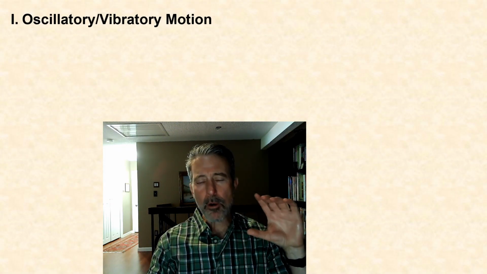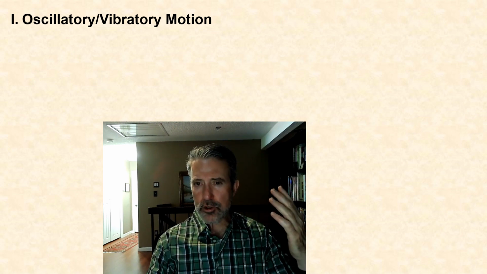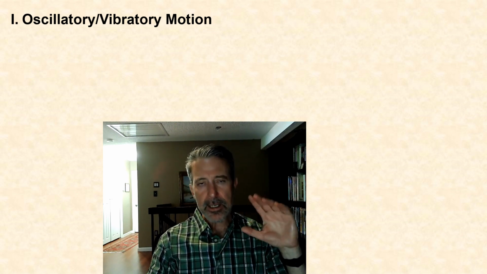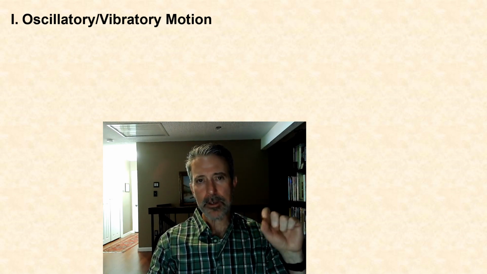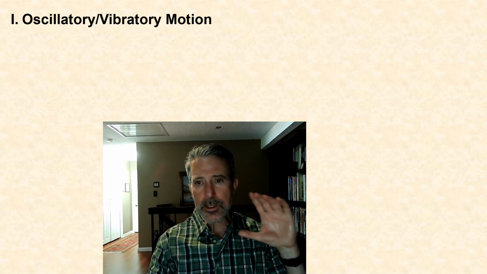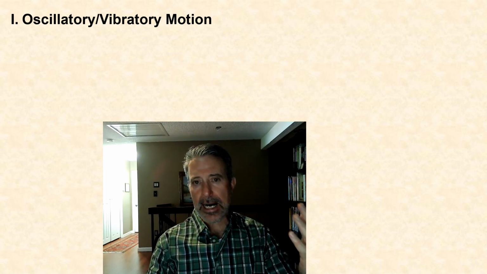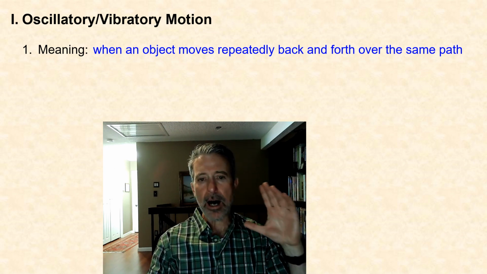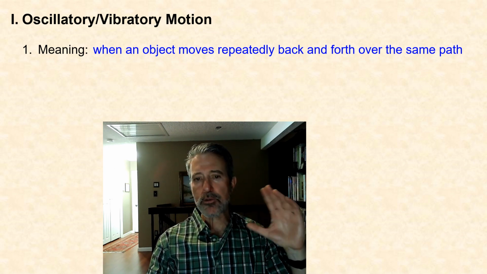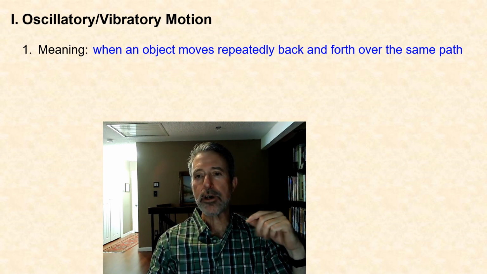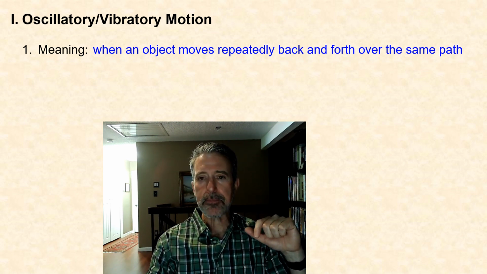So, simple harmonic motion is a special case of oscillatory or vibratory motion. Let's not get ahead of ourselves, however. Let's begin by being very general here and ask the question, what does it mean to say that an object oscillates or vibrates? Well, we would say that an object oscillates or vibrates when it moves repeatedly back and forth over the same path.